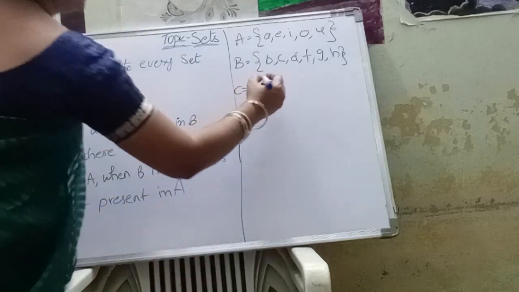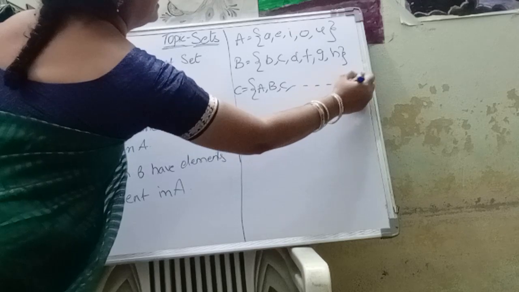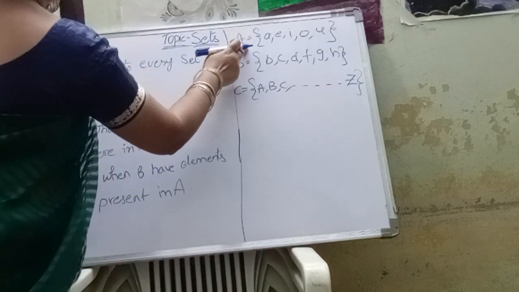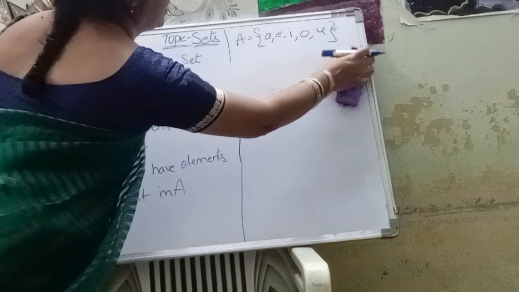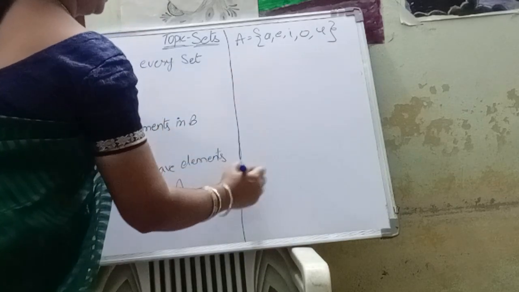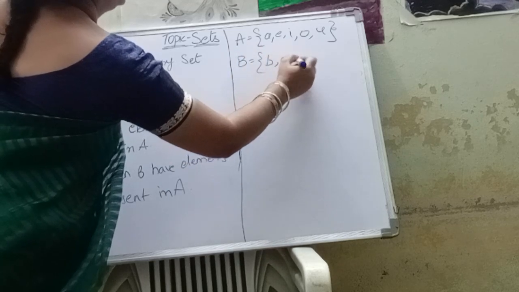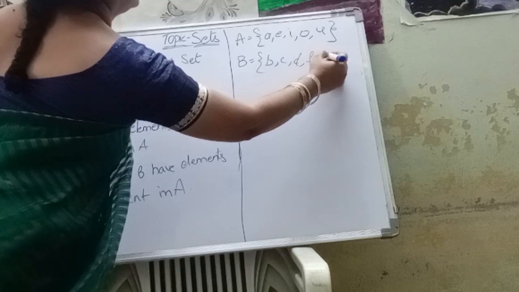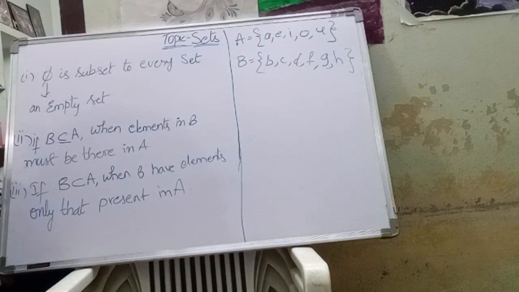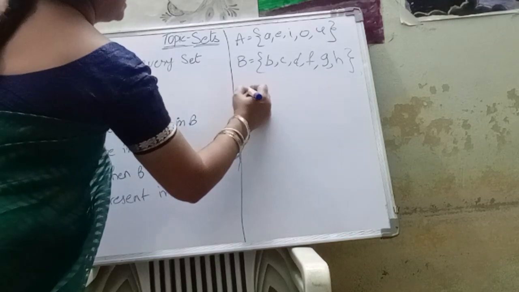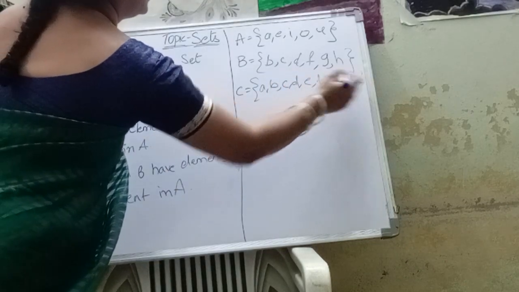C is equal to all the letters from A to Z.